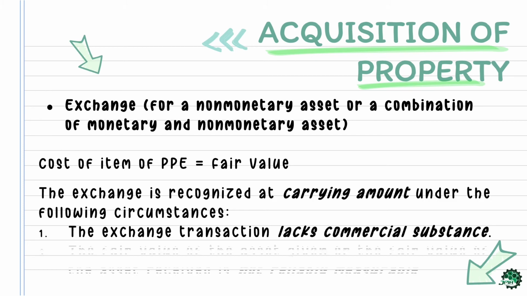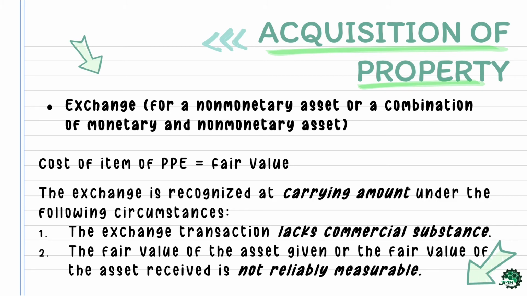But there are certain situations wherein the carrying amount is considered. First, if it lacks commercial substance or the fair value is not reliably measurable. So, if at least one of these two criteria is met, use the carrying amount. But if it has commercial substance and the fair value is reliably measurable, then we have no problem, go for the fair value.